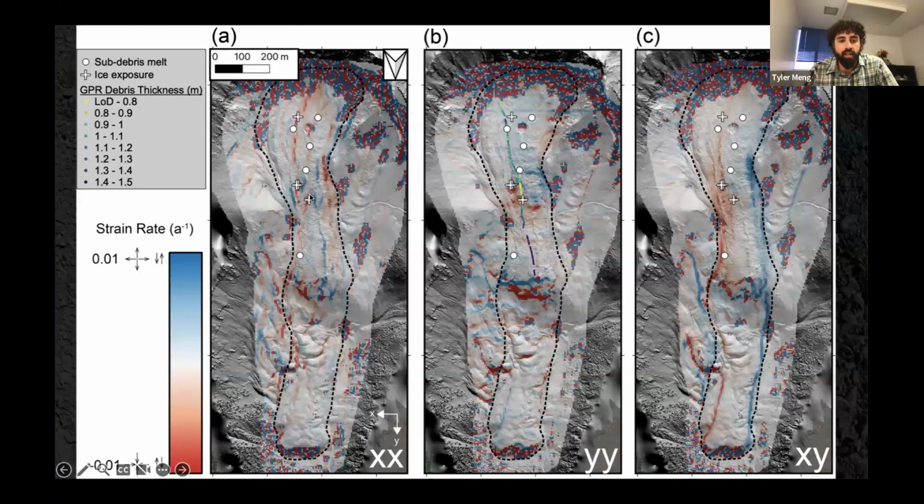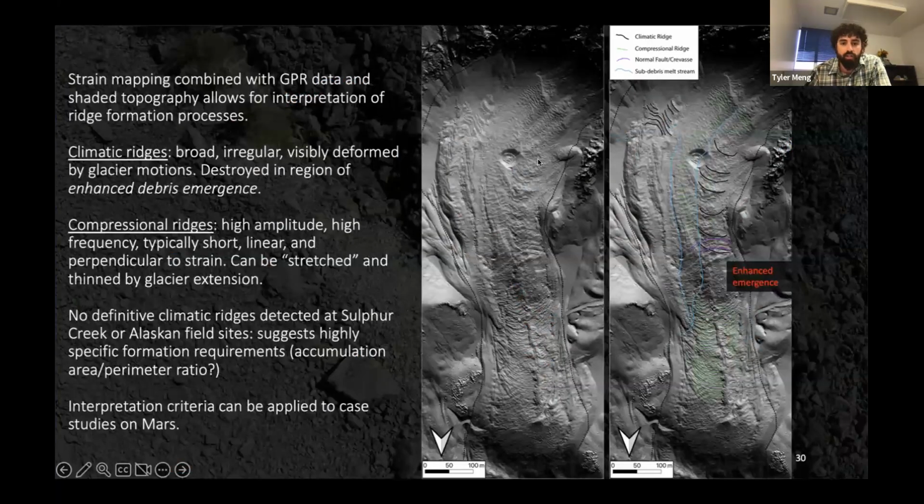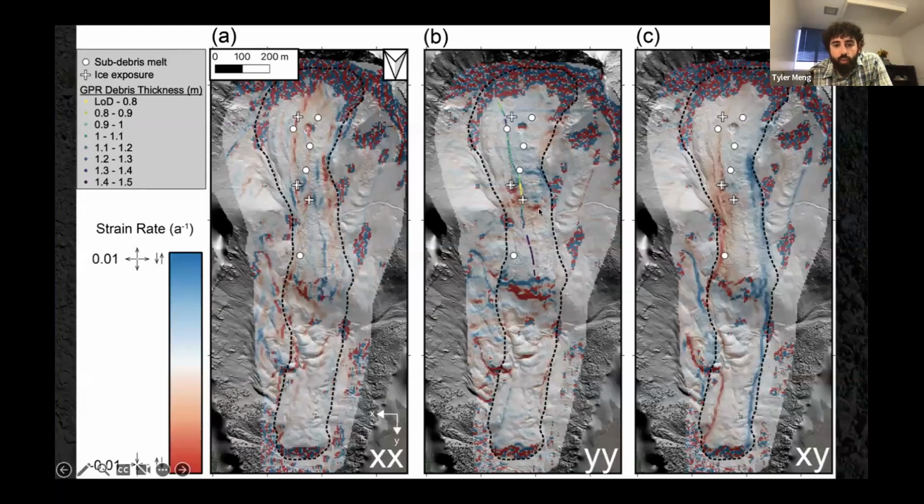There's this clear correlation between cross flow compression and enhanced melt. And then I want to draw your attention to this YY along flow strain rate map. Especially in this area right here, we see a quick succession of blue, which means extension. Whoops, sorry. And then red, which means compression.